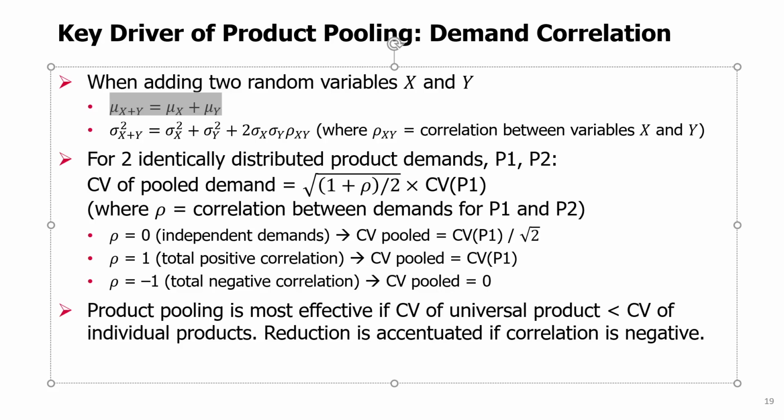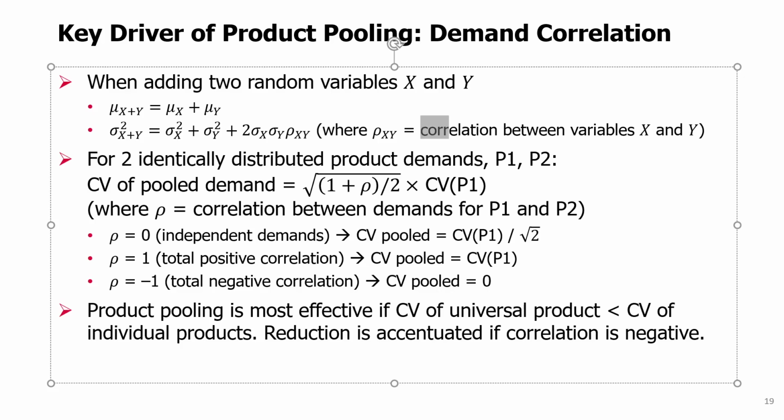The standard deviation is actually a more complex formula. The square of the standard deviation, which is called variance, is the sum of the variance of X, the variance of Y, and 2 times the product of the standard deviations and the parameter rho, being the correlation.